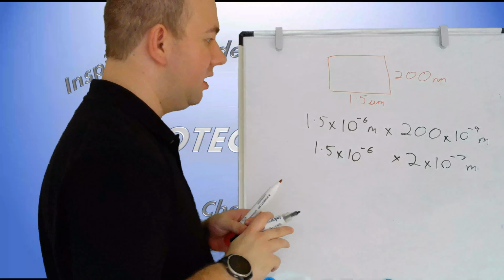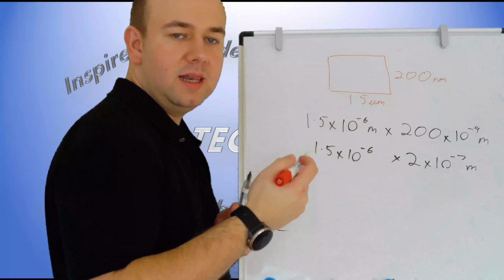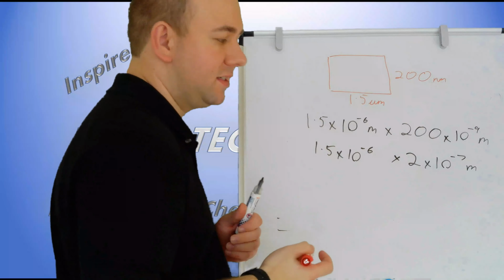So in my previous video I put together a list of mathematical rules for adding indices and multiplication of indices, and we said if we had x to the power a and we multiplied it by x to the power b, this is equal to x to the power a plus b.